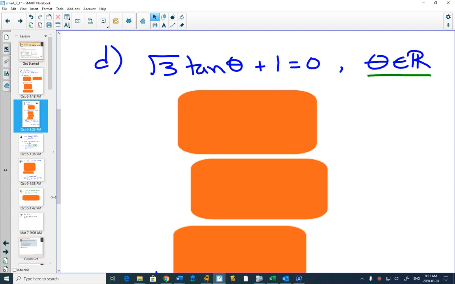So this one was in quadrant 2. So I would go pi minus my reference angle. And then 2 pi minus your reference angle for that one.